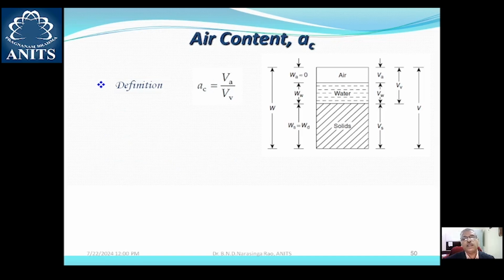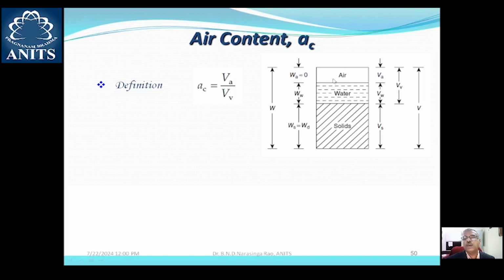And air content, if you refer to degree of saturation, the denominator is volume of voids, and the same denominator is used in defining air content, which is the volume of voids. In degree of saturation, volume of water is used. Here the volume of air is used, because the volume of voids consists of air and water. If you are considering volume of water versus volume of voids, it is degree of saturation.